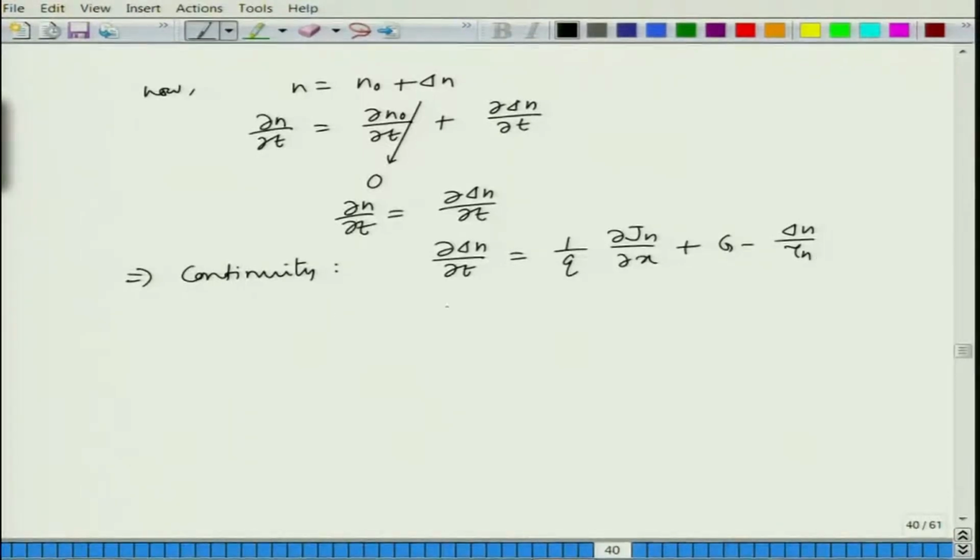Okay. And for holes, the same way you can write del delta p del t equals minus 1 over q del j p del x plus G minus delta p by tau p. Here you note that the G terms are equal, right, and the last terms are also similar, but you cannot write them as equal, because this tau n and tau p values can be different.